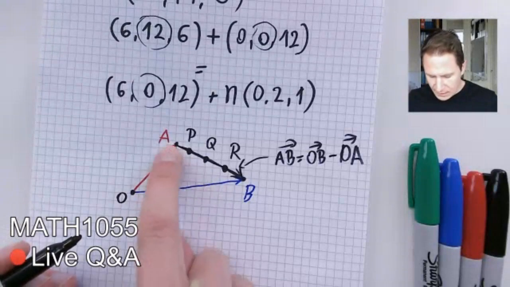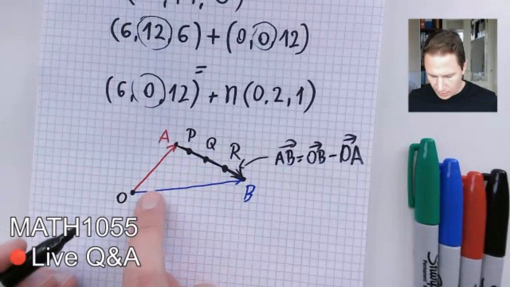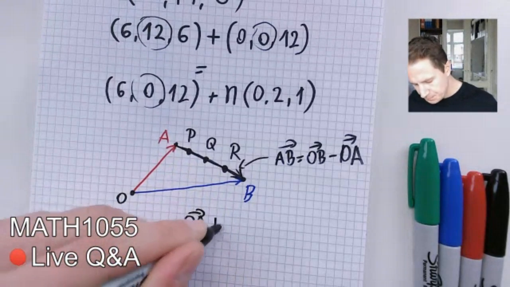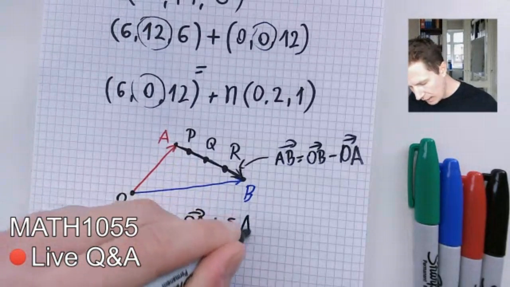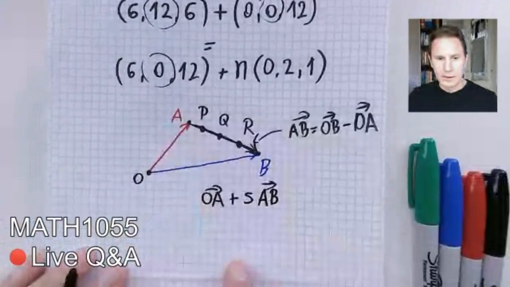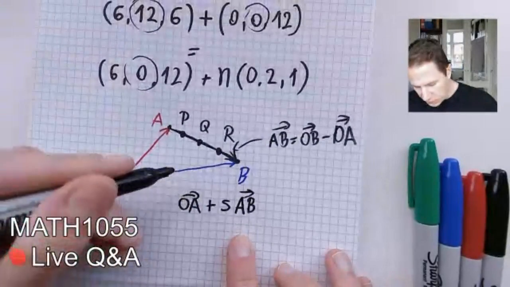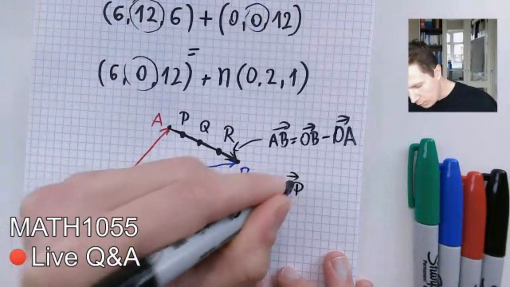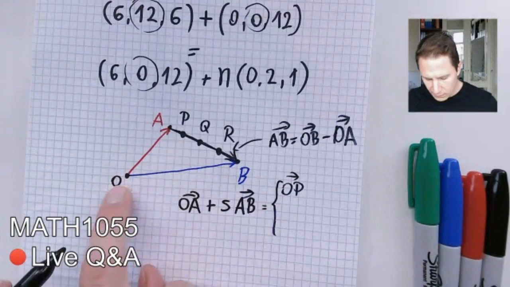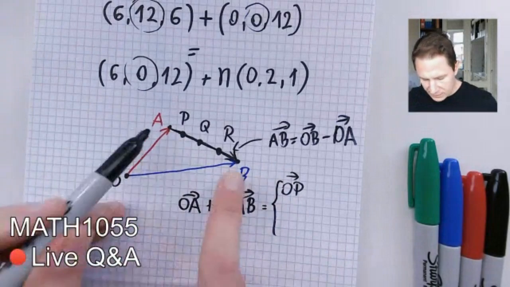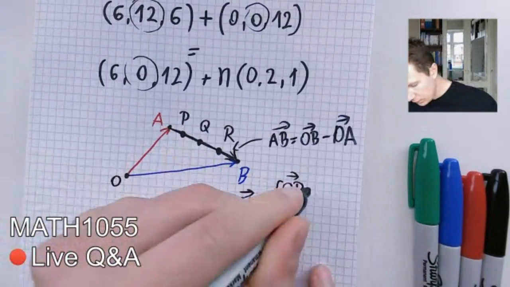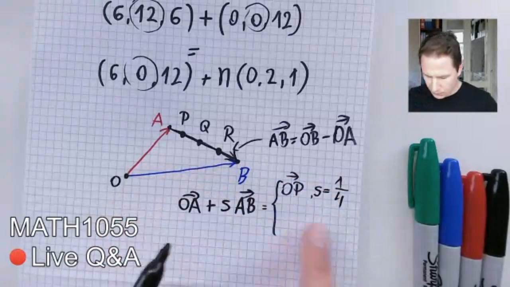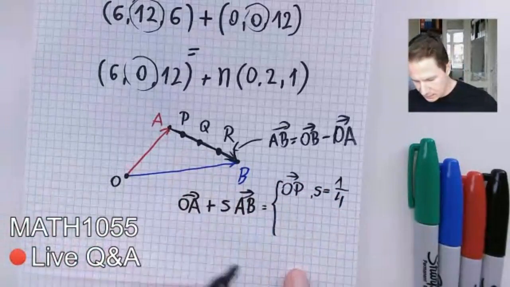the idea was that each of these points can be expressed by taking OA and some multiple of AB. So, for example, to get OP, we would add this vector shrunk to 1/4 of its original size.